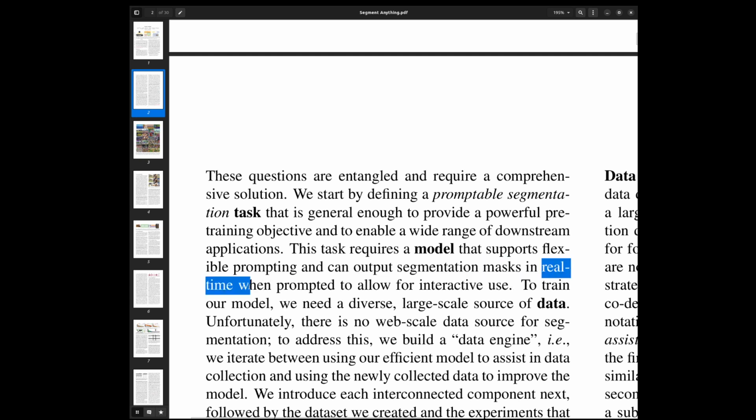And this thing in real time, it depends how you define real time. Yeah, kind of BS. I mean, later in the paper, I know I didn't read it, but I know that they have different versions because I was curious what is ViT-H and ViT-B. There is also ViT-L. So they have three different encoder sizes.